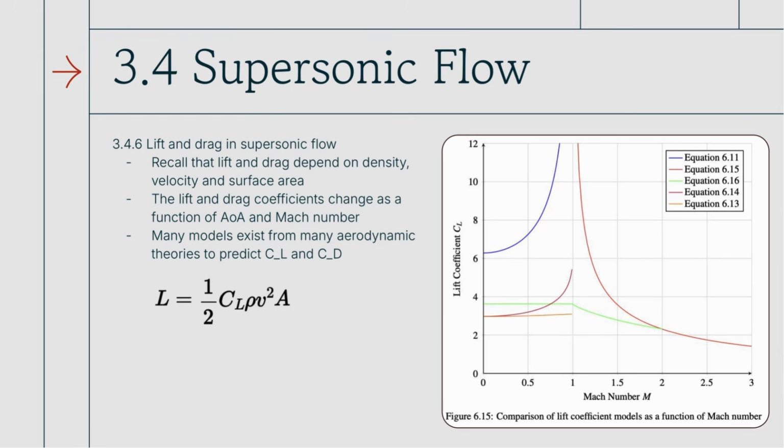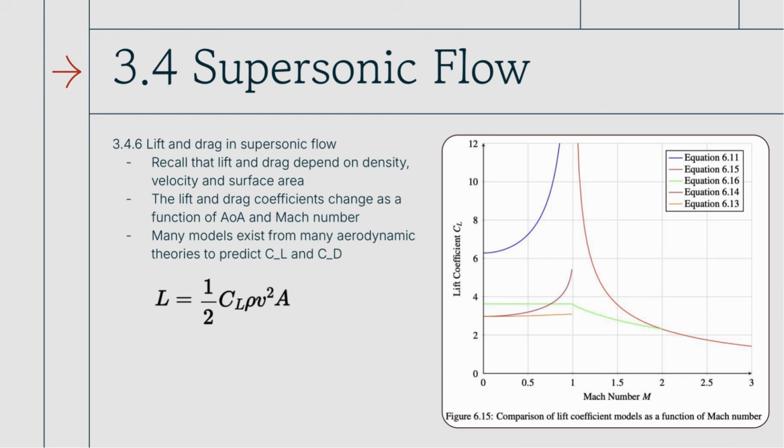You have this pressure wave that makes it really hard to get good, and not just good, but reliable data about that region of flight. So oftentimes you'll see specific lift coefficient models for subsonic and then supersonic cases.